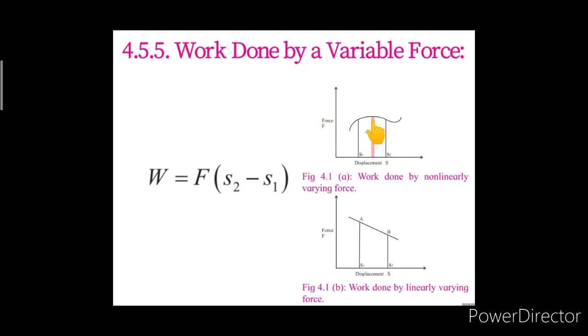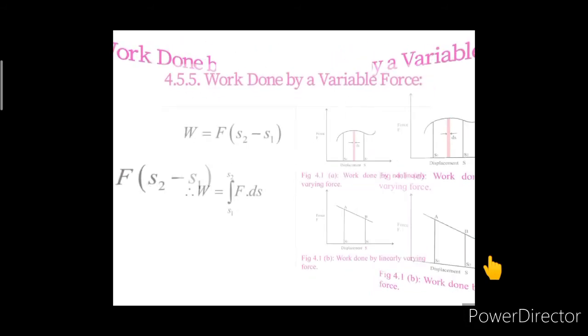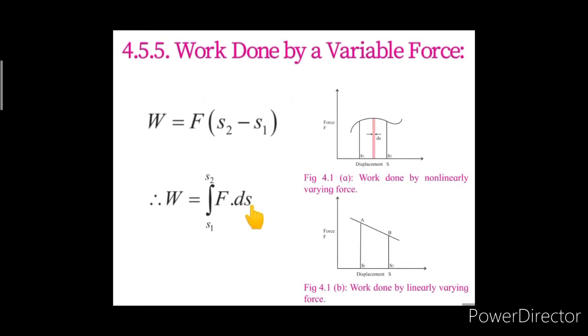This shaded strip shows one such displacement. As the force is constant, the area of this strip is F dot ds, which is the work done dW for this displacement ds.